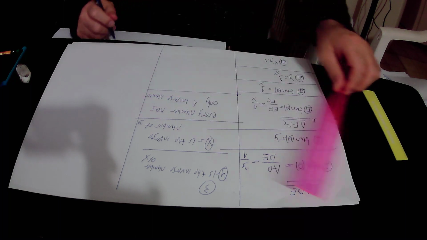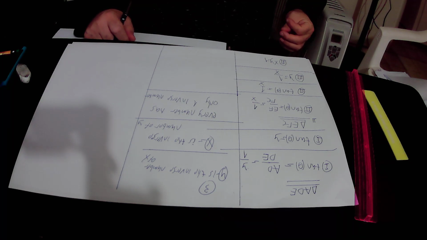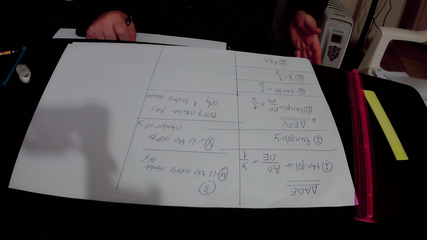For example, the inverse number of 5 is 1 over 5, and the inverse number of 1 over 5 is 5. Okay? So the only inverse number of 5 is 1 over 5, and the only inverse number of 1 over 5 is 5.